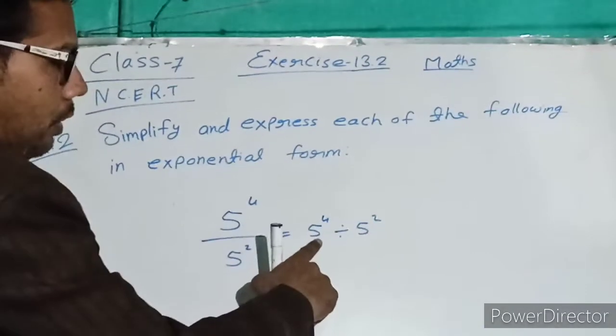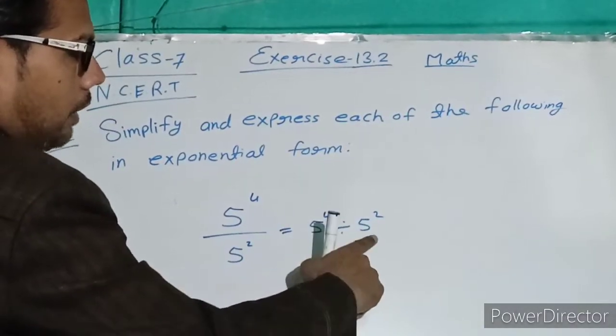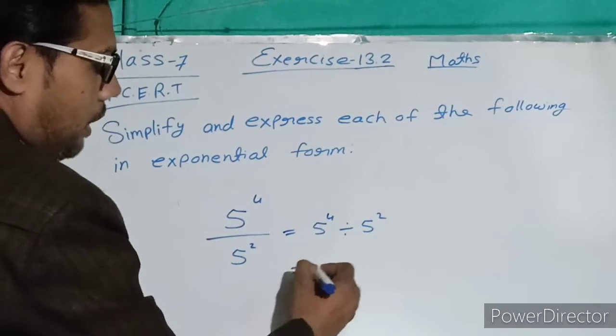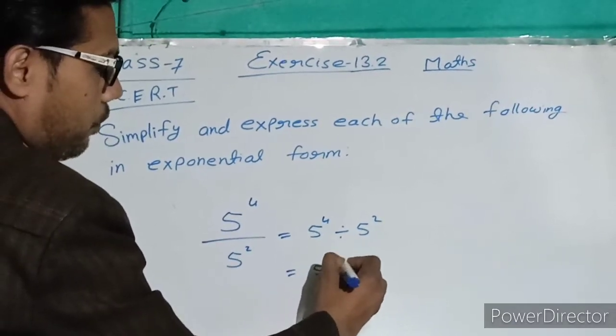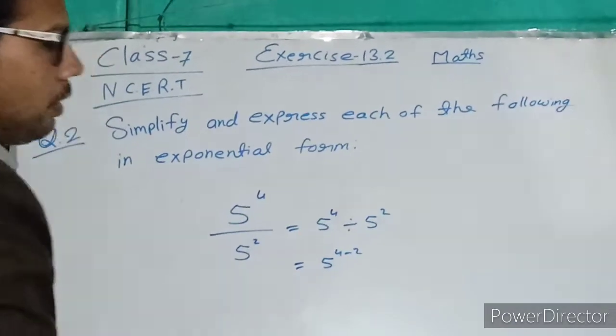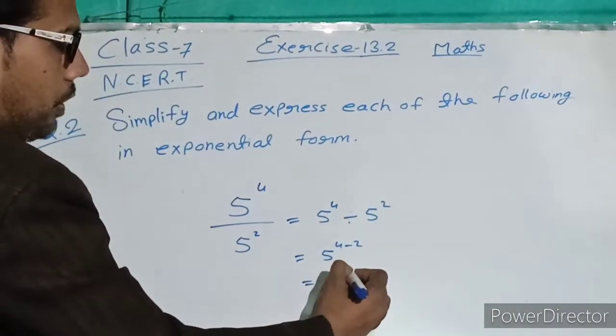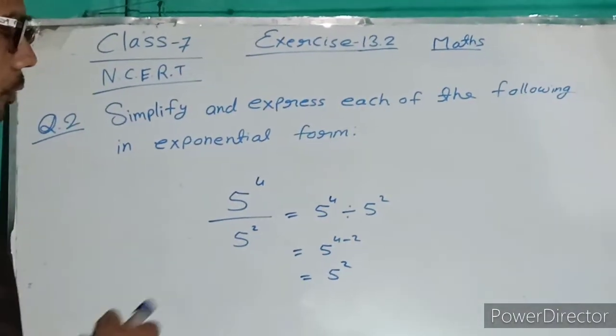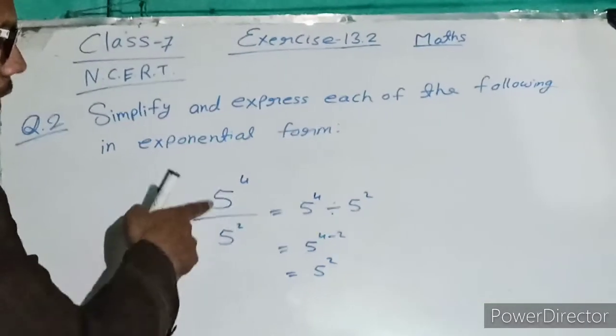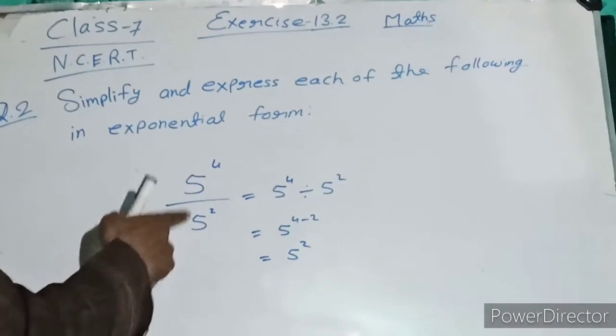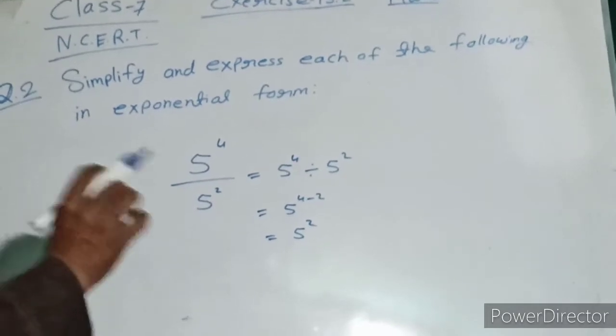Then we can write 5 raised to the power 4 minus 2, and the answer will be 5 raised to the power 2. So whenever we are given a situation like this, we will have to subtract the powers.